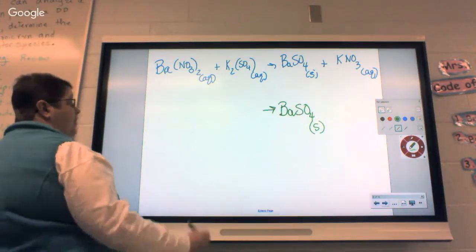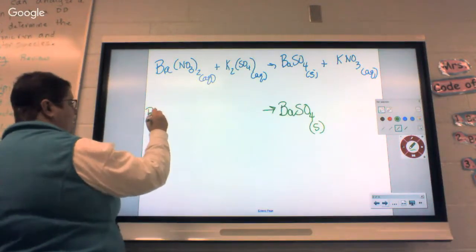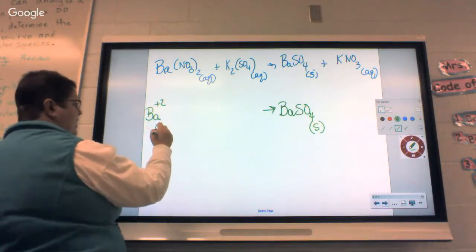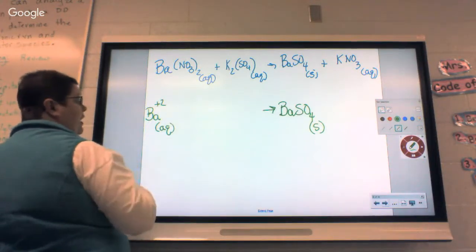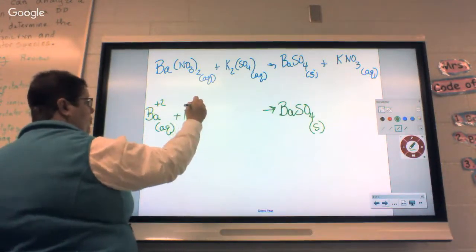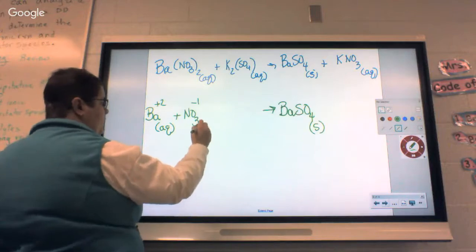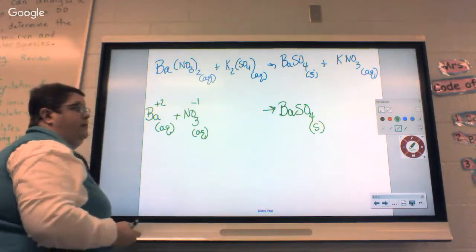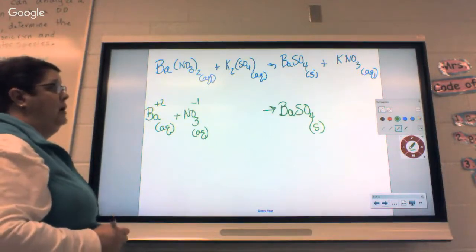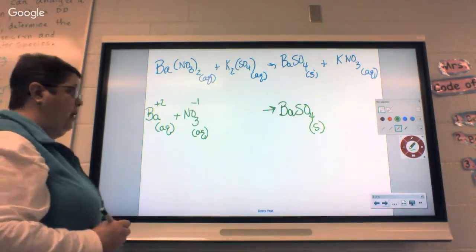So, taking our first ion, Ba, the oxidation number is +2. Its state is AQ. The other ion that makes it up is NO3, -1, aqueous. Now, the next aqueous compound is the K2SO4. I'm going to do the same thing to it. I'm going to break it apart.